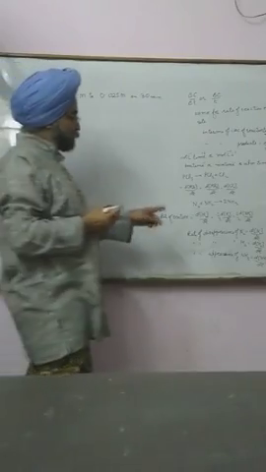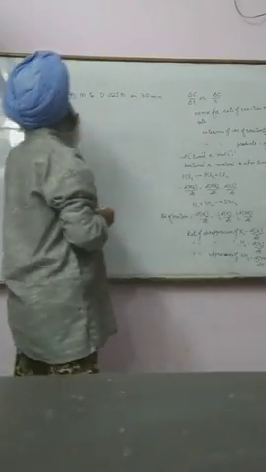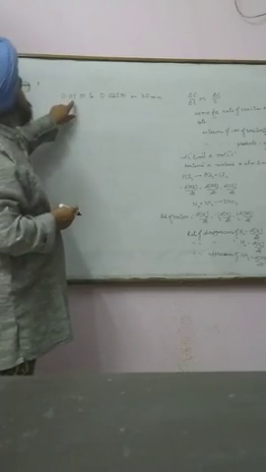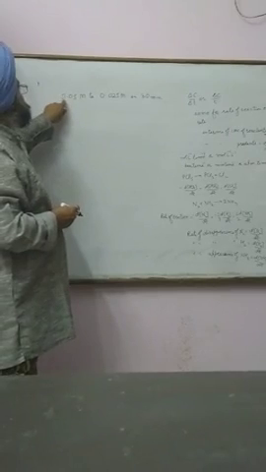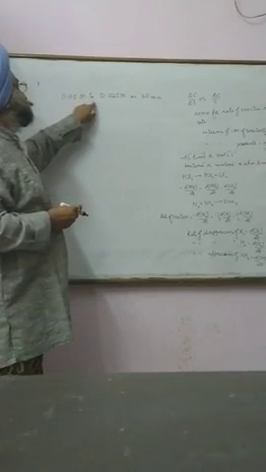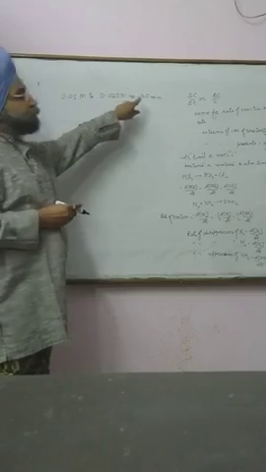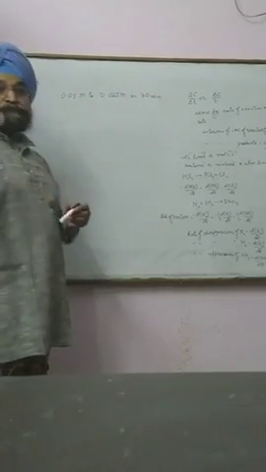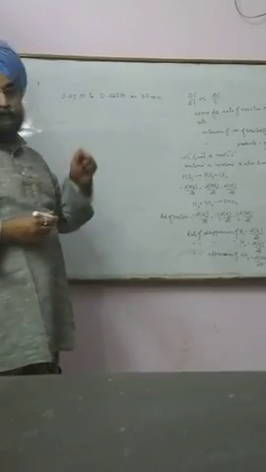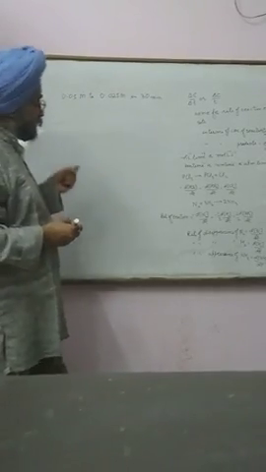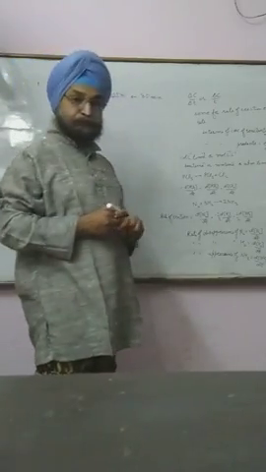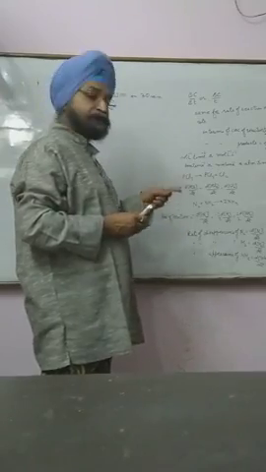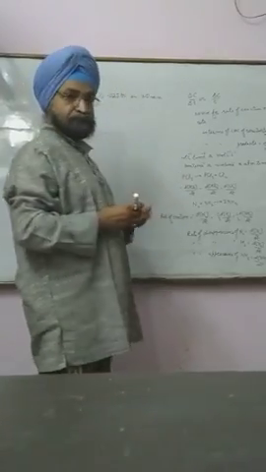Then, what is the rate of reaction, rate of disappearance of hydrogen and rate of appearance of ammonia through this method?